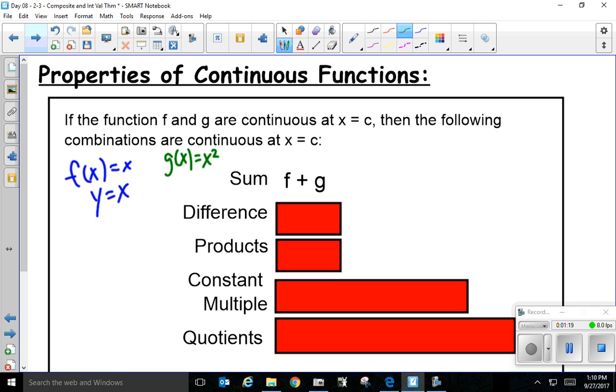Is it a parabola? That's continuous. There are no breaks in it, are there? No. So that means if I add f and g, that sum is also continuous. So I could take x plus x squared, and I get x squared plus x. This function is also continuous because the two functions that make it up were continuous.